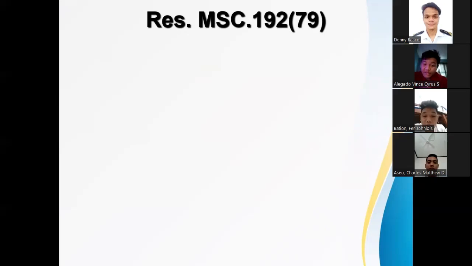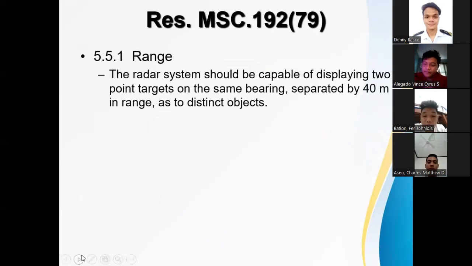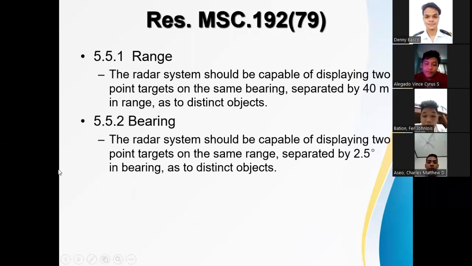Resolution MSC 192, 79. 5.5.1 Range: the radar system should be capable of displaying two point targets on the same bearing, separated by 40 meters in range, as distinct objects. 5.5.2 Bearing: the radar system should be capable of displaying two point targets at the same range, separated by 2.5 degrees in bearing, as distinct objects.